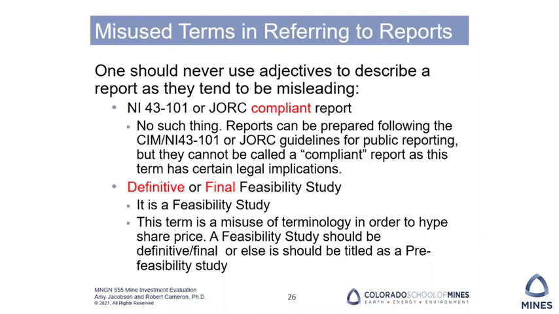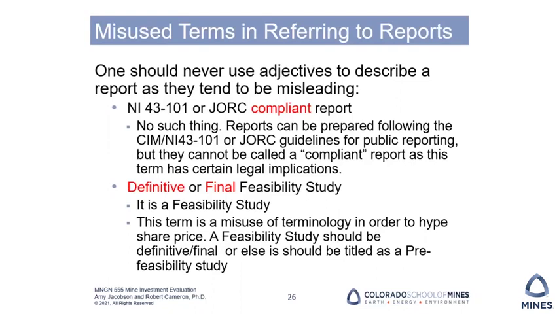First thing to note is there's no such thing as an NI 43-101 or JORC compliant report. Reports can be prepared following CIM or NI 43-101 or JORC guidelines for public reporting, but they cannot be called compliant, as this term has certain legal implications, and both the CIM and JORC will deny that there's any report that is compliant, because that implies that they meet 100% of CIM or JORC standards.